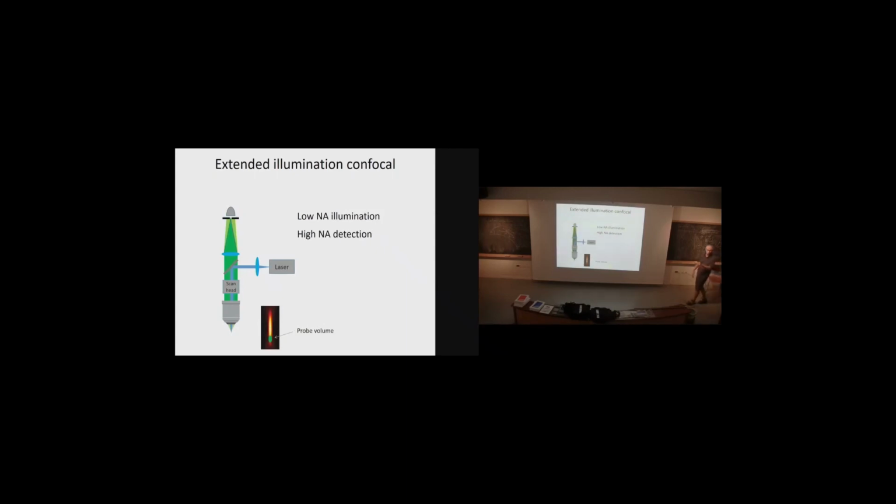If I move this pinhole, I move the probe volume. And if I do that, I can parallelize everything by using reflecting pinholes. The first pinhole sees the bottom probe volume. Whatever misses this pinhole gets reflected to the next pinhole, which looks at a slightly higher plane, higher, higher, and so forth.